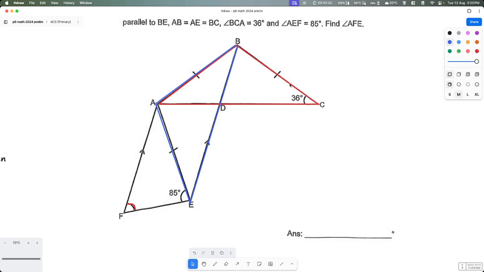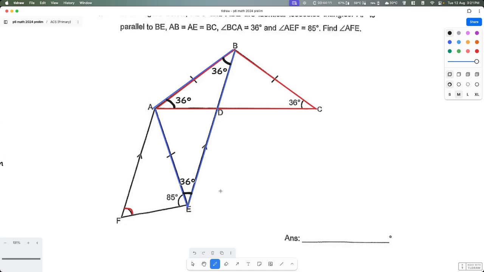These are the side angles, not the big one. If this is 36 degrees, then this one is also 36 degrees, and the other side is also 36 degrees.